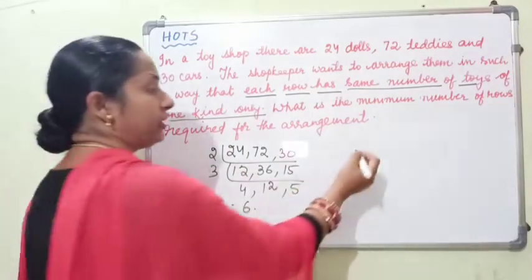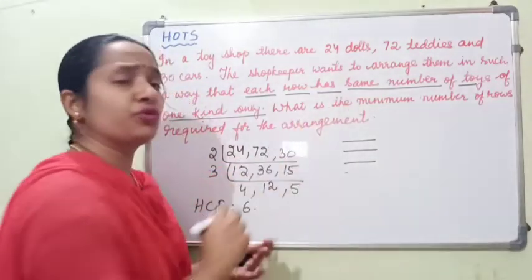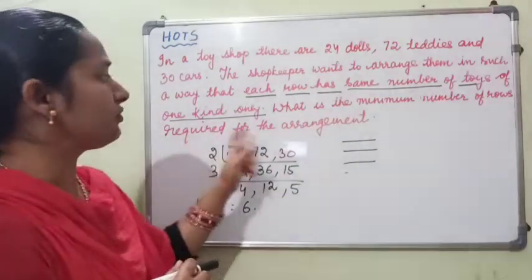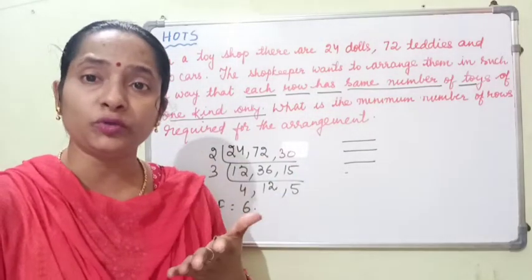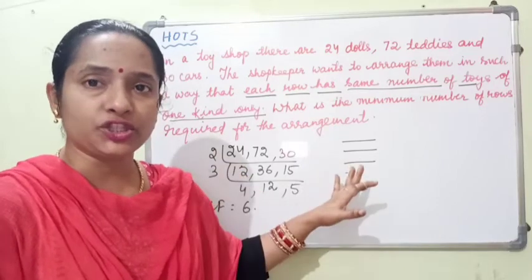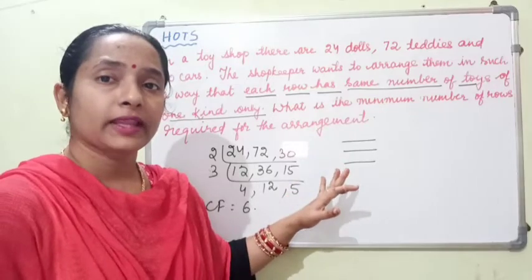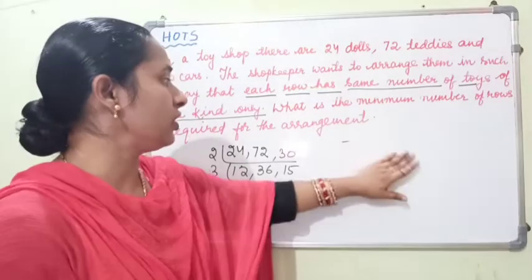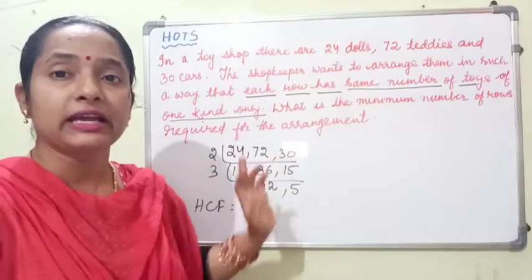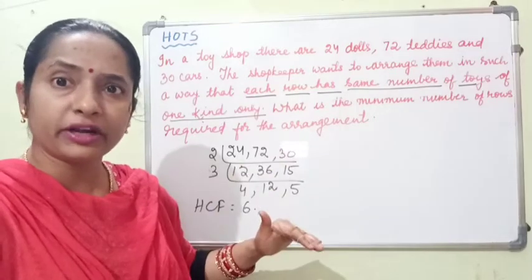Now we don't know how many rows, because we need to find the number of rows next. What is the minimum number of rows required for the arrangement? First we came to know how many toys will be placed in each row, right? Now we are going to find out how many rows are required. For that, we will divide the total number of toys by the number of toys in each row. Then you will get the number of rows.